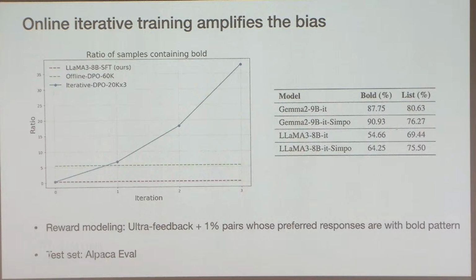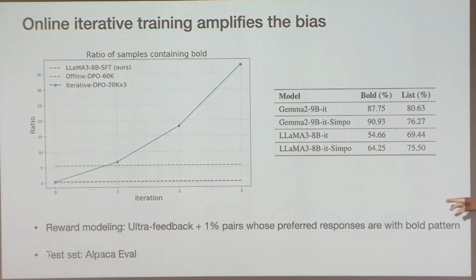I ran experiments yesterday. We do reward modeling first, but here I attack the reward modeling by adding 1% of samples whose preferred responses have the bold pattern. So this reward model will be biased toward the bold pattern.